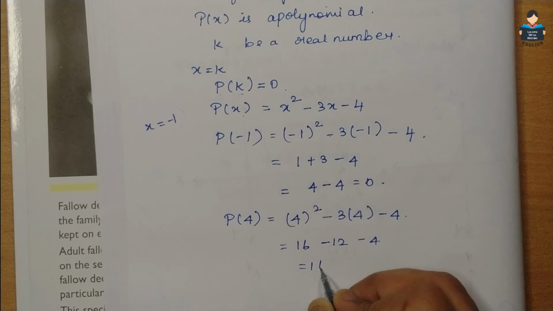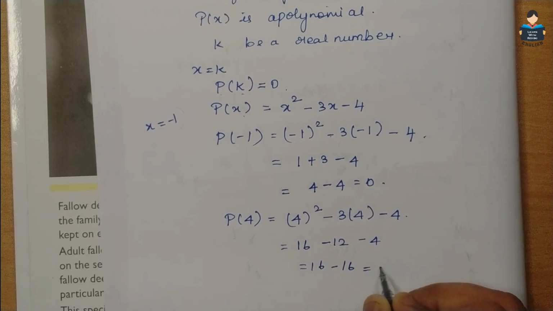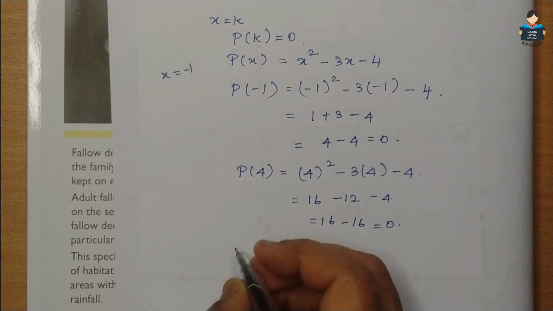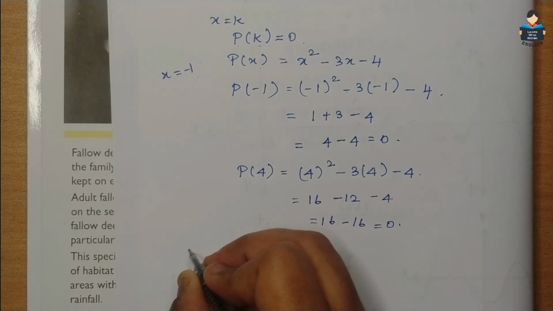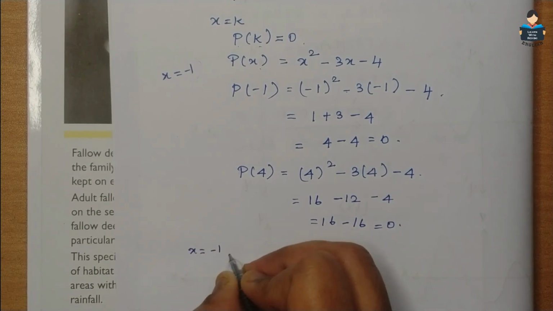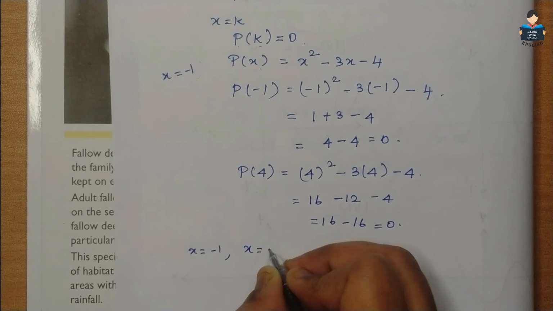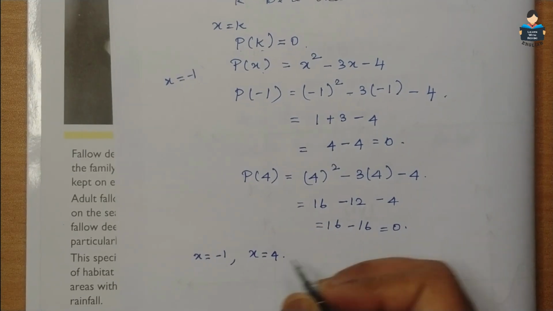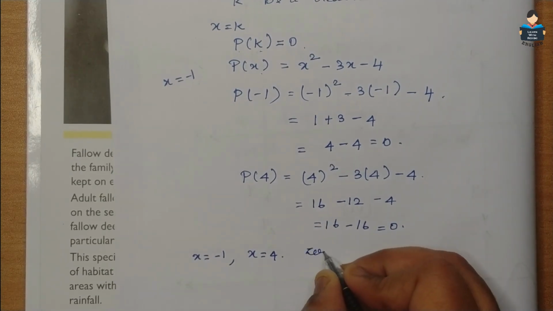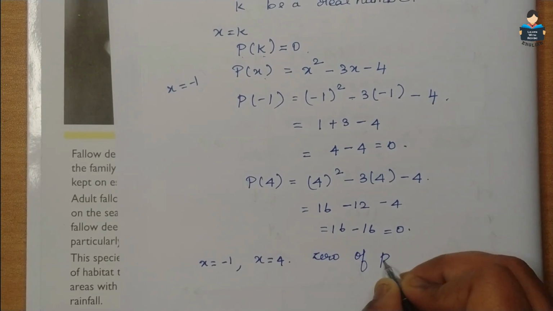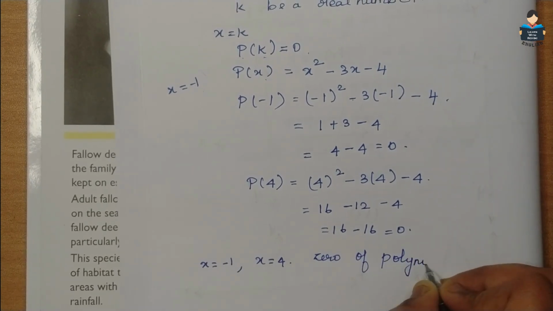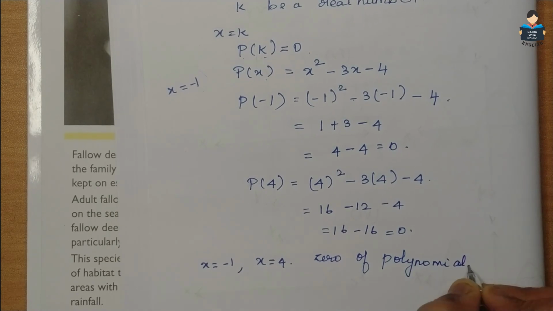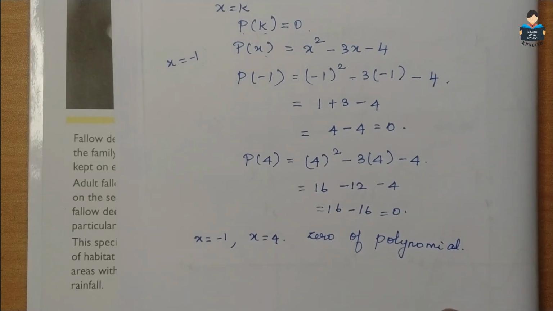So I will have 16 minus 16, which is 0. So I have x is equal to minus 1 and x is equal to 4, and these are called the zeros of the polynomial.